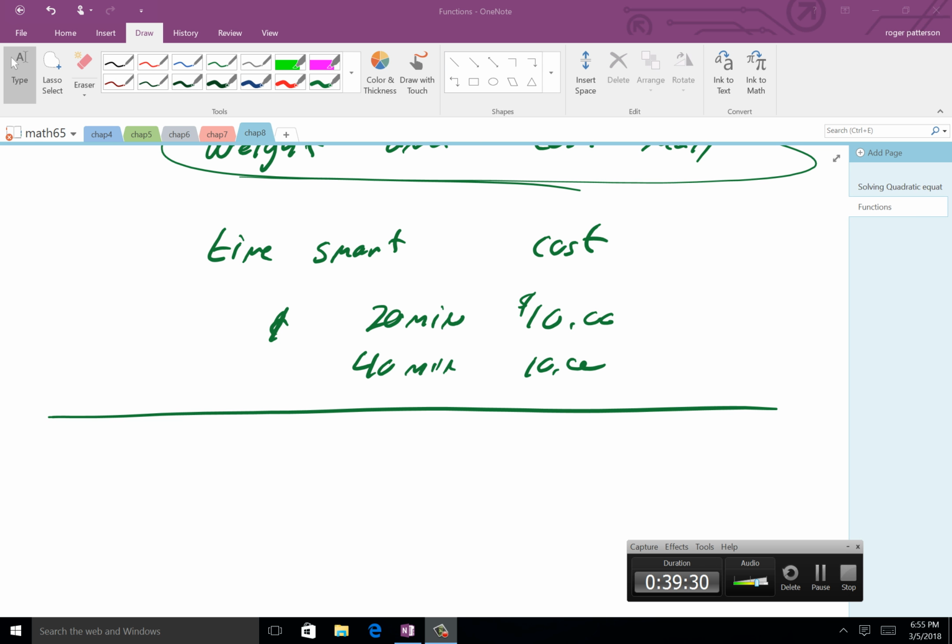What's the inverse or the opposite of a square? Square root. Okay, so if you square root here and square root here, that's 0, right? x plus 6, minus 6. There it is. So you had it right.